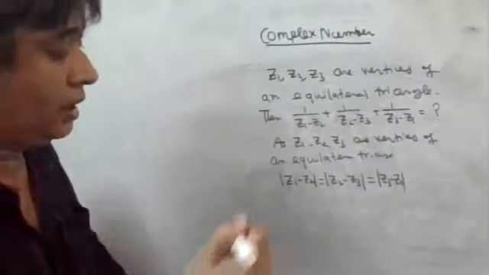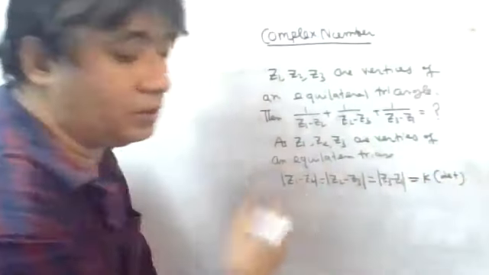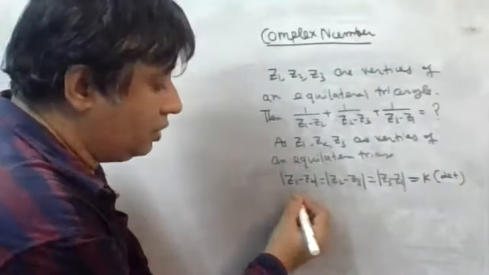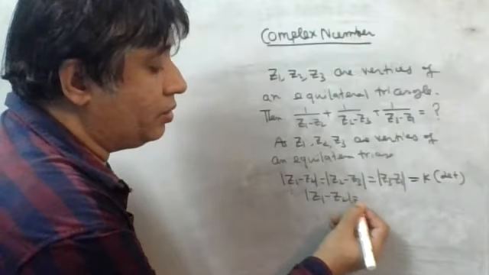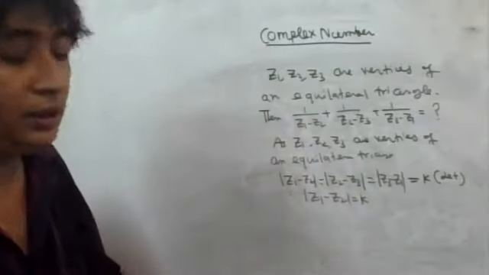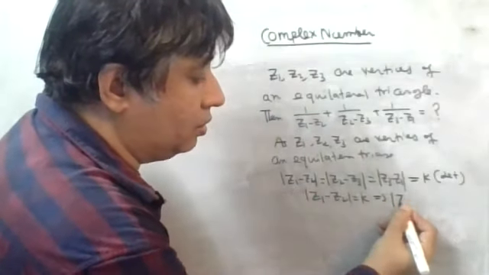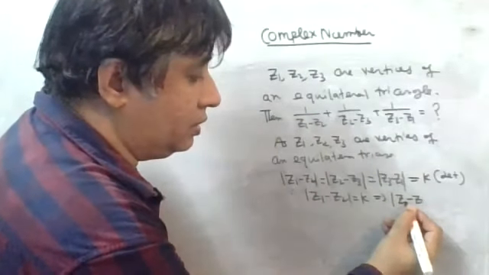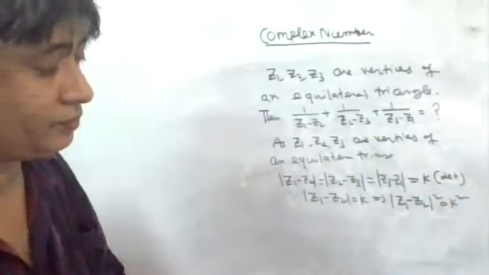So let it be equal to K. Therefore, I can write mod Z1 minus Z2 is equal to K. Now square both sides. You see, mod Z1 minus Z2 whole square is equal to K square.